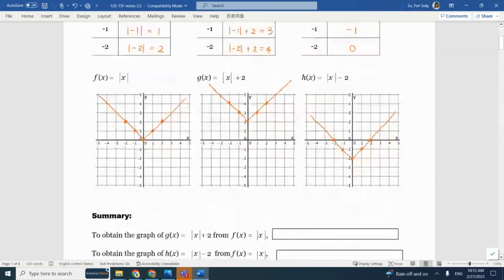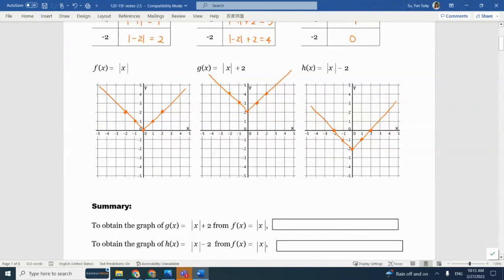Okay, so summary. To obtain the graph of g from f, do you see how do we change it? We're changing the y. We add 2 to the y. Do you see that all the x coordinates are the same?